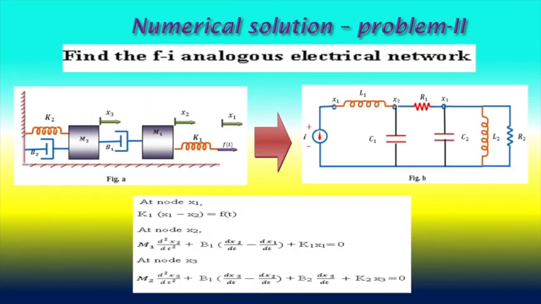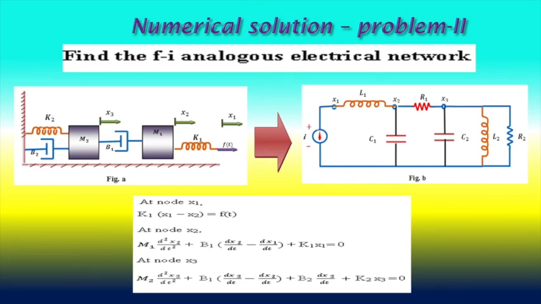Numerical problem 2: find the force-current analogous electrical network. Here the mechanical system is given. Corresponding to the displacements x1, x2, x3 in the mechanical system, there would be three nodes x1, x2, x3 in the FI analogous electrical network. The first node x1 is connected to a current source I and inductance L1.